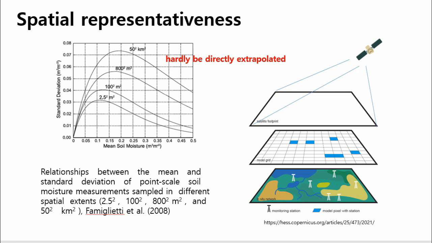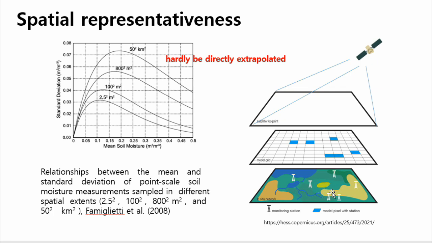If you look at the figure on the left-hand side, this is the relationship, differently sampled at different spatial extents. This study group found that the means and standard deviations of point-scale measurements were quite different depending on how you sample them.